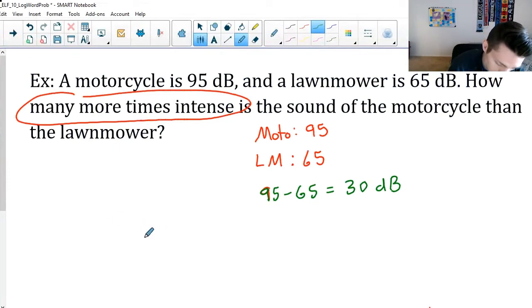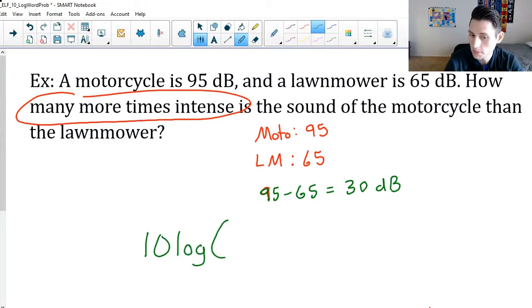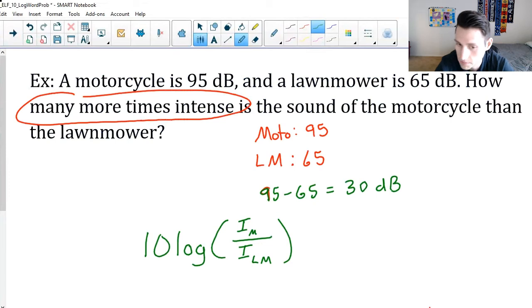So we'll do our same thing. Here's our normal formula we would use for sound, 10 log. But instead of comparing just one sound to the sound threshold, we're going to compare two sounds to each other. So intensity of the motorcycle divided by the intensity of the lawnmower.